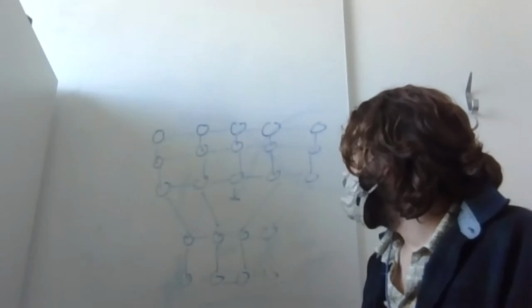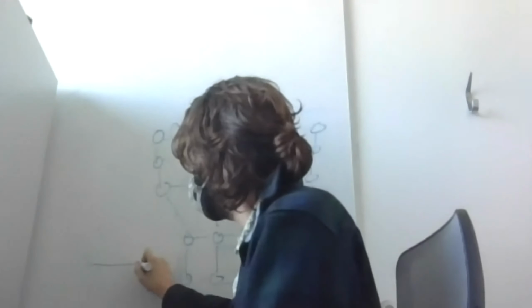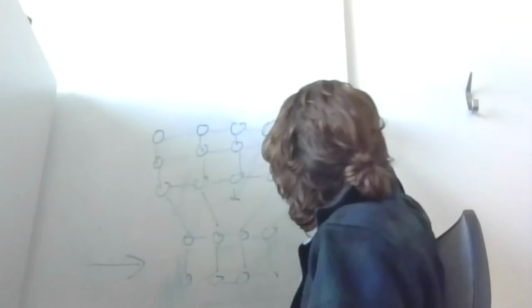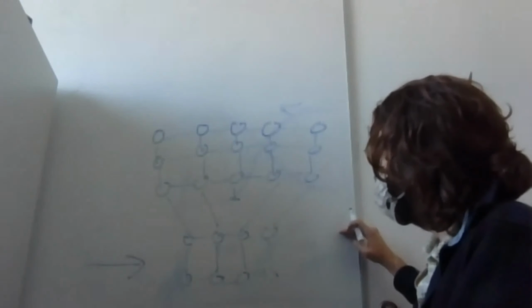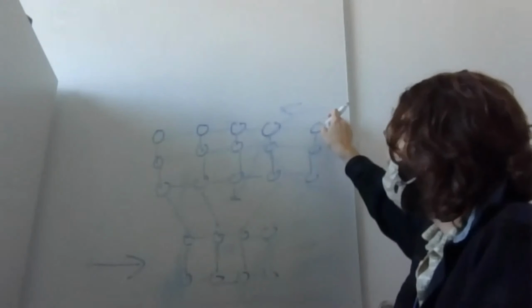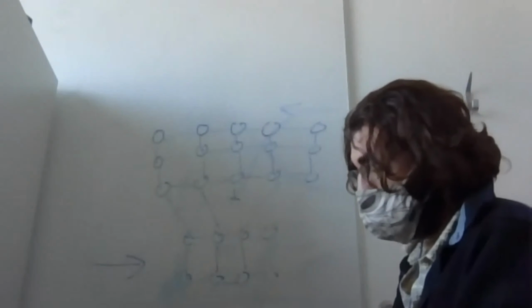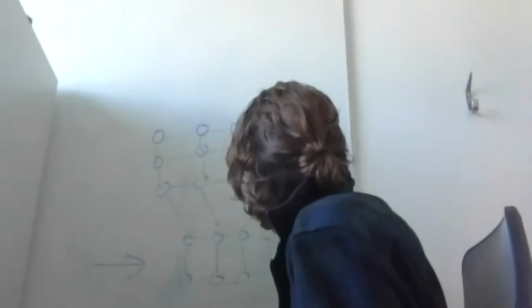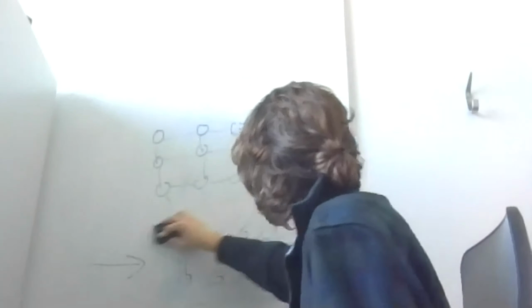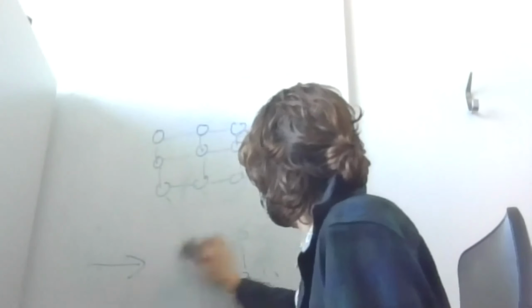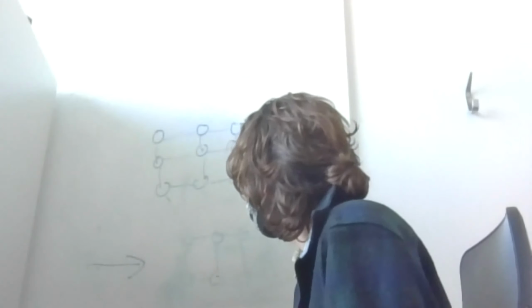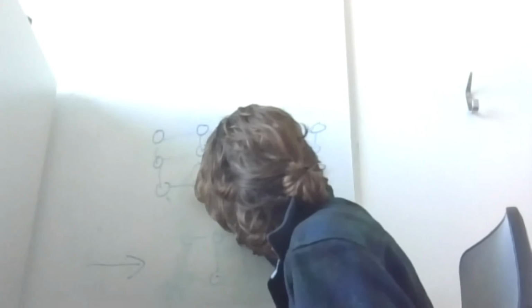So what happens is if we apply a force like this from this direction and a force like that from the top, these atoms will move to the right, the top atoms will move to the left, and what ends up happening is we break these bonds, pivot these atoms over, and we come up with a system that looks like this.